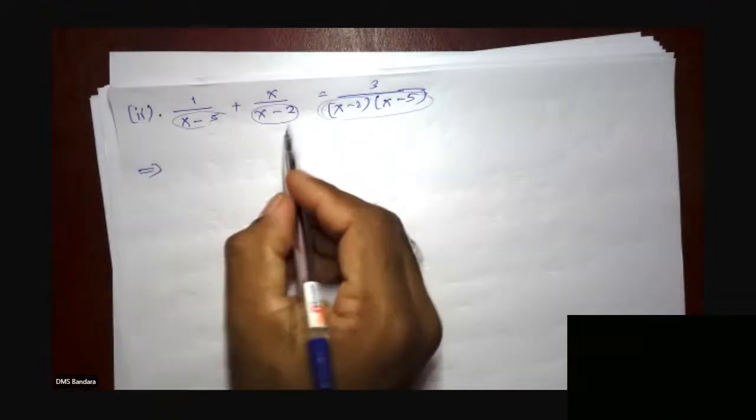Now we have to find which x satisfy this equation. So what we have to do is create this one without denominators. How do we remove the denominators? Consider the left hand side.